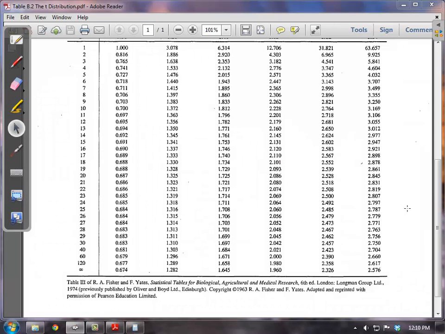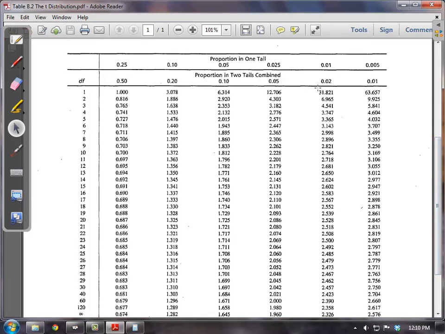For the alpha of 0.05, degrees of freedom 24, it's 2.064. So we're to the right of this. Our number is 2.64, so we can actually make the claim that our p-value is in between 0.02 and 0.01 if we wanted to. But we're just going to stick with this t critical value and compare like that.